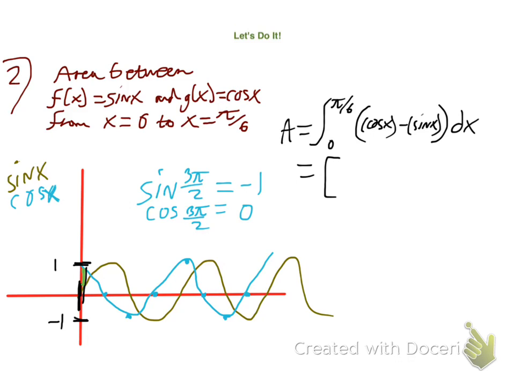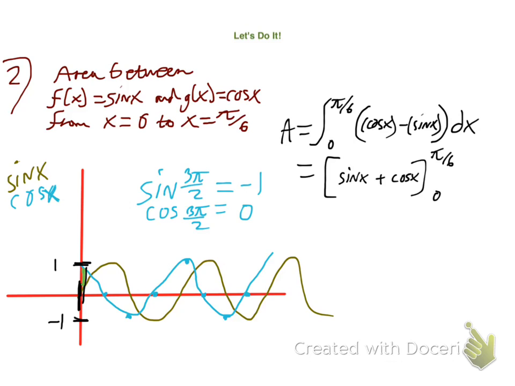So the integral of cosine is sine of x, and then we have the integral of sine, which is negative cosine, since the derivative of cosine would be negative sine. So you put a negative sign out in front, which makes that positive. And this is what you're left with: sine x plus cosine x evaluated from 0 to pi over 6.